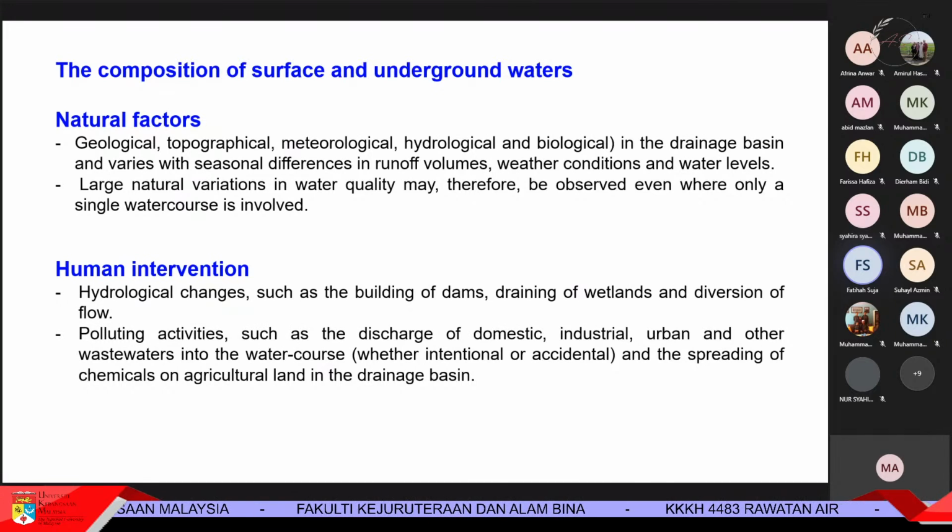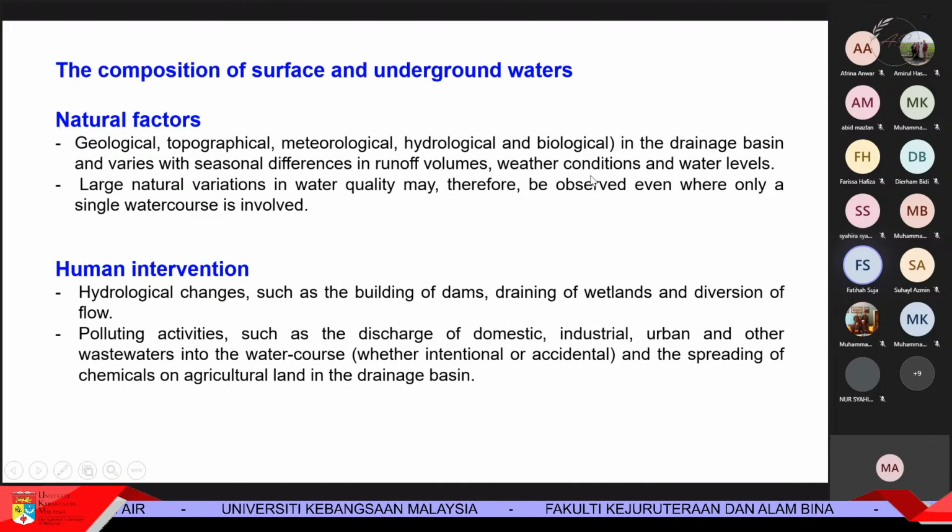And it varies with seasonal differences in runoff volumes, weather conditions, and water levels. So large natural variations in water quality may be observed even where only a single water course is involved.